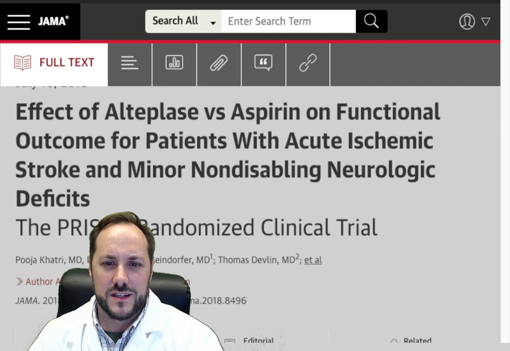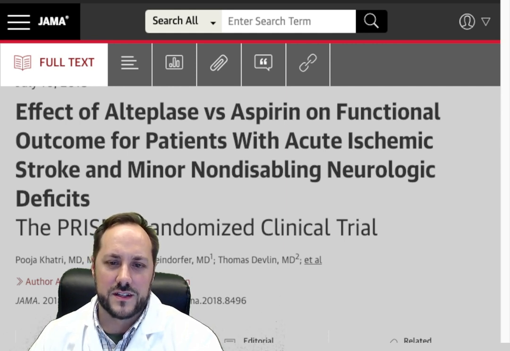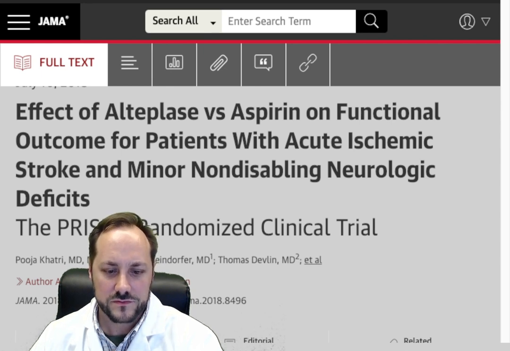In the emergency department, mild symptoms are usually cited as the reason for not using IV thrombolysis. This can occur in as much as 29 to 43% of patients that are eligible for the medication.